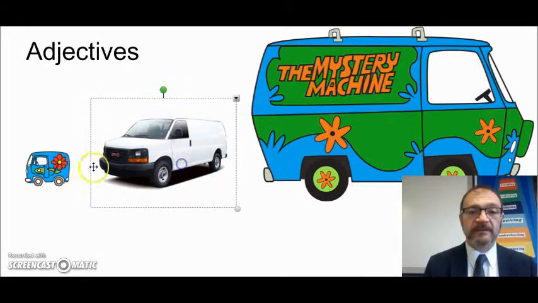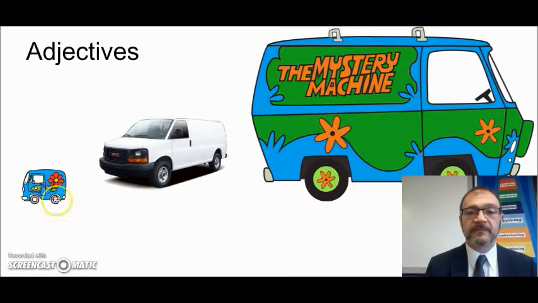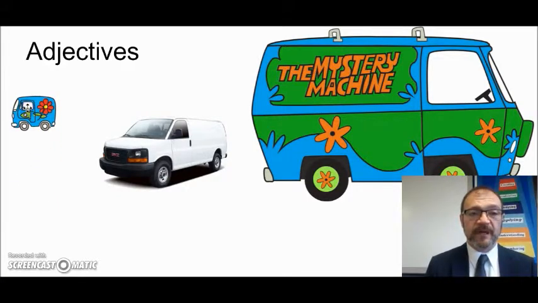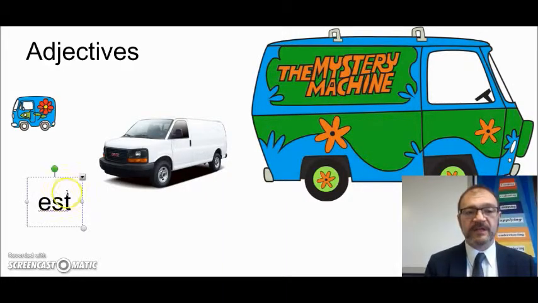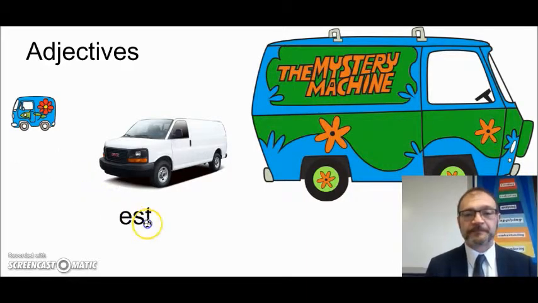That's a bigger van than this one. And that's the smallest van. And we always make the superlative by adding est on the end, smallest, biggest.